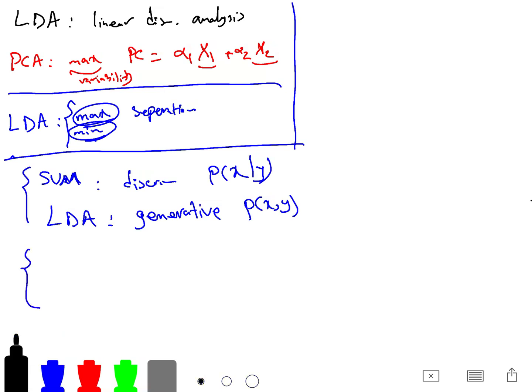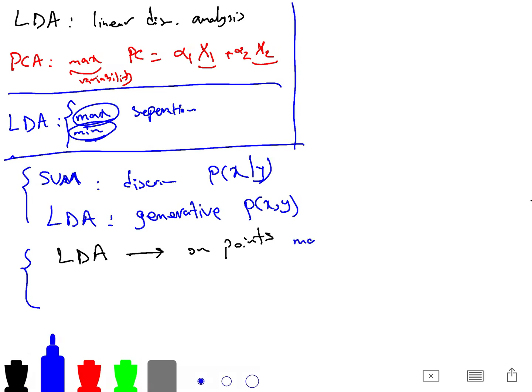Another way that we can differentiate LDA and SVM is that LDA focuses on distributions rather than points. It wants to minimize the overlap of distributions while maximizing separation of means.